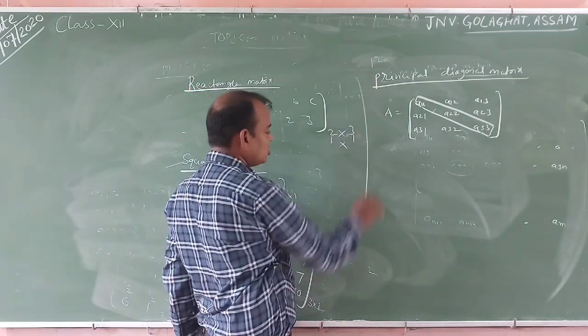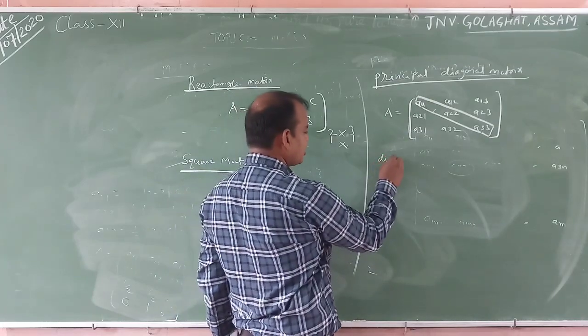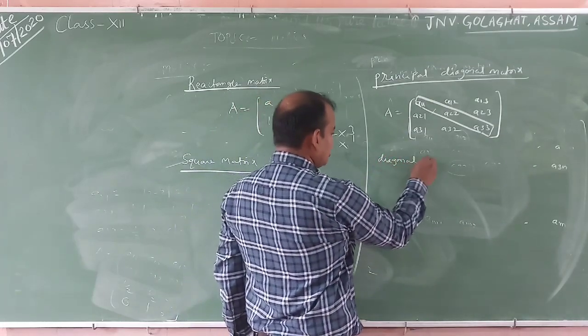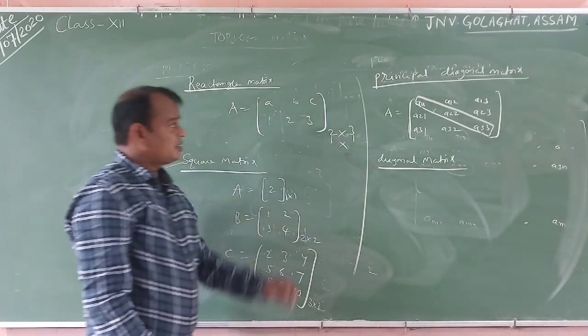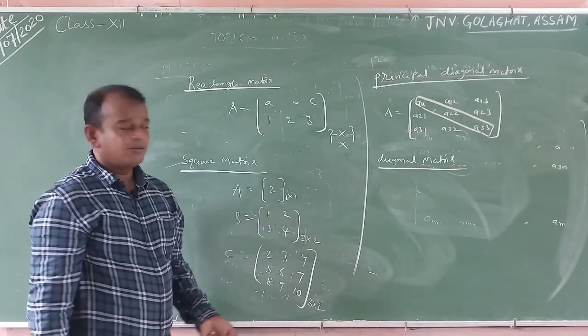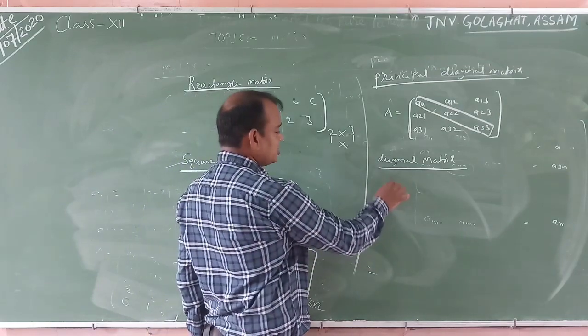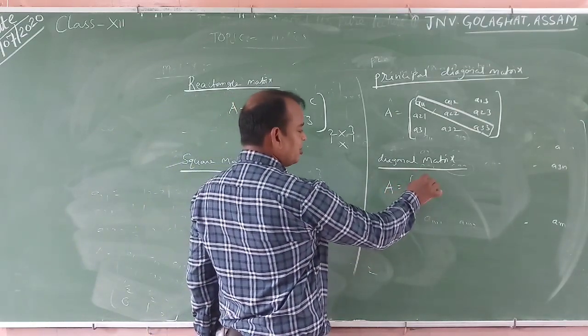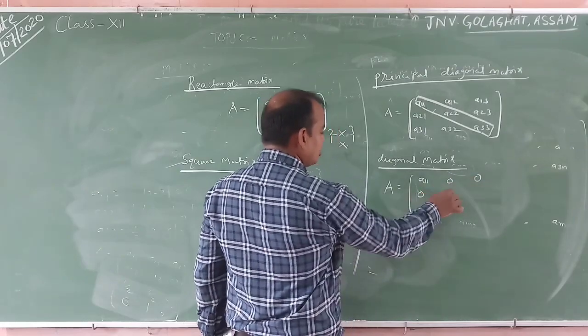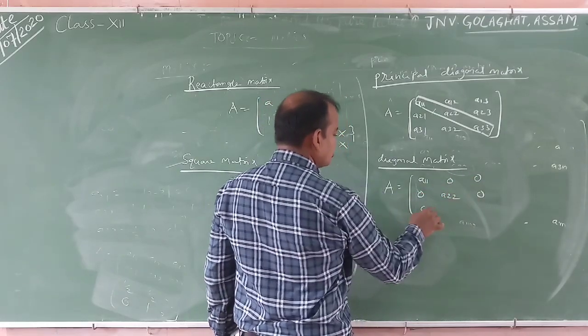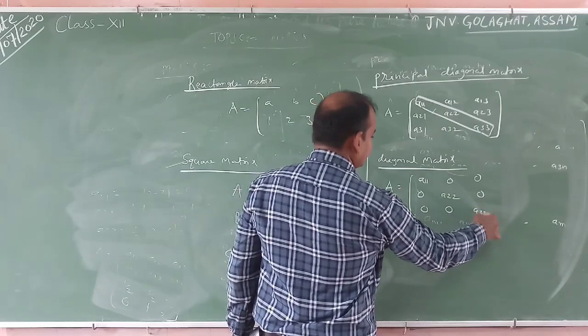Now I will discuss the diagonal matrix. What is the difference between the principal diagonal and the diagonal matrix? Take the example again: A11, 0, 0, 0, A22, 0, 0, 0, A33.